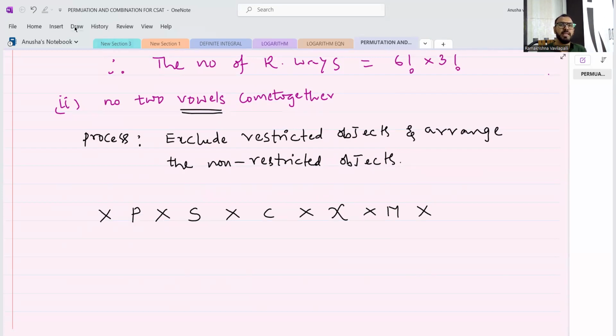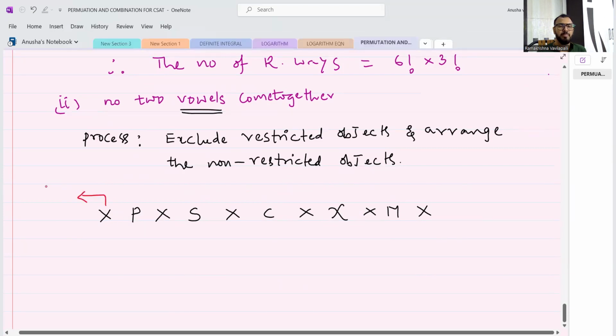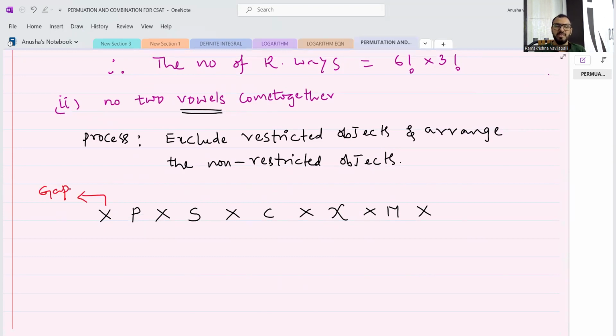This is known as a gap. That gap I have represented by a cross mark. This represents a gap between two objects.